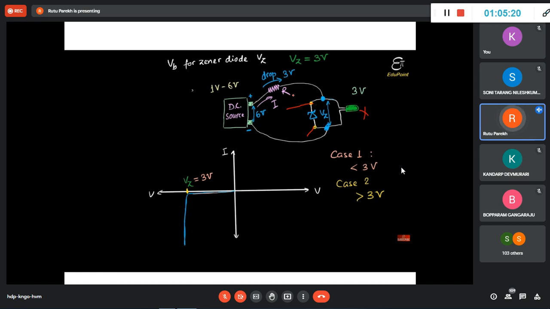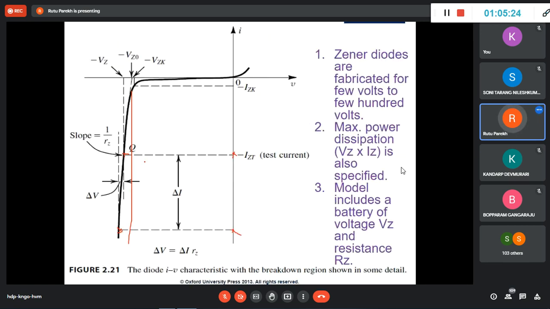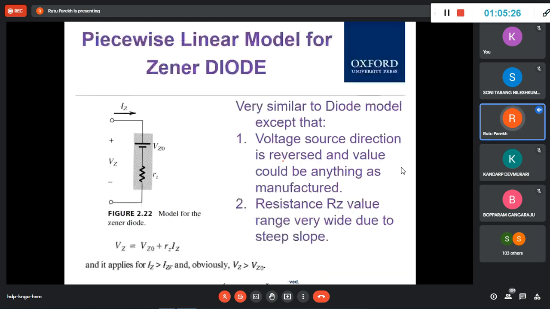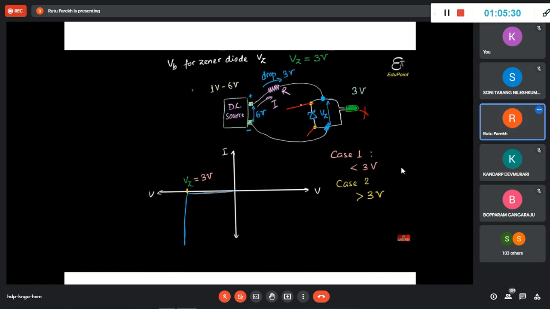What is changing is I, but still the voltage is almost constant, that is 3 volt. So every time, even if the input exceeds 3 volt, the voltage across the LED will remain 3 volt, and it will remain on and be protected.